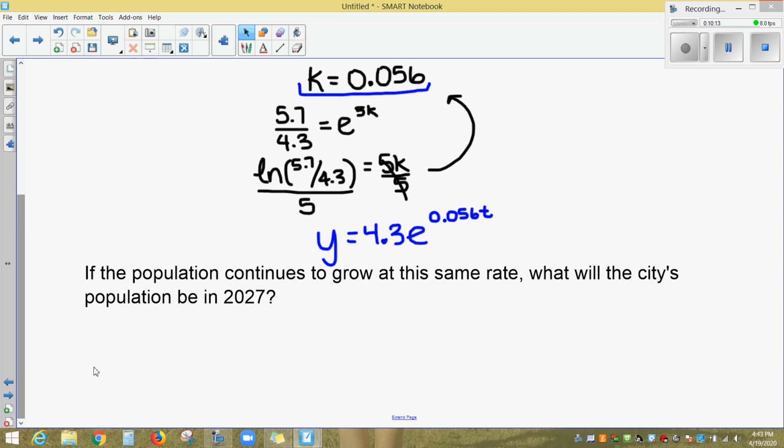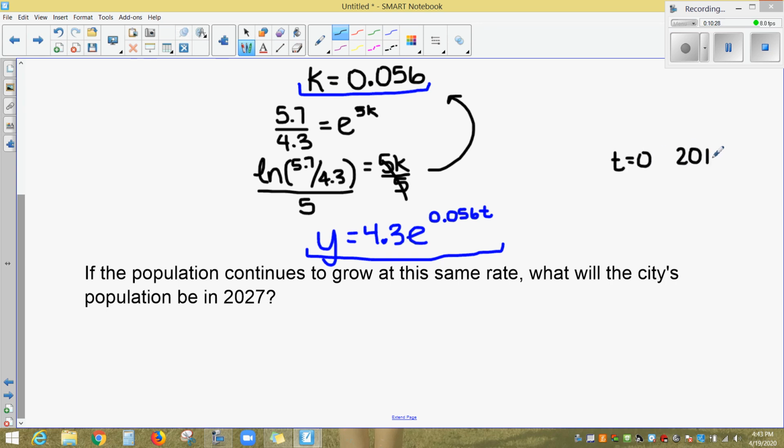Alright, so now I know what my equation is. And if t equals 0 represented the year 2015, we know t equals 5 represented the year 2020. Think for a minute what year 2027 would be.